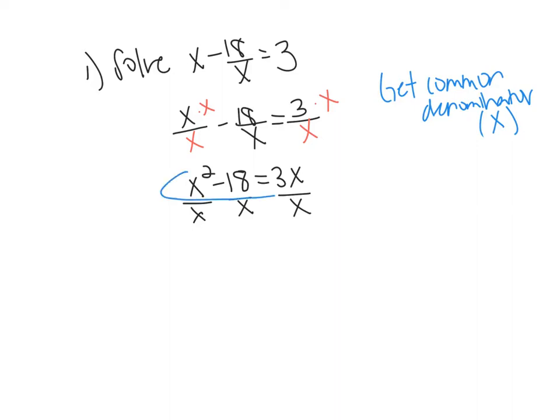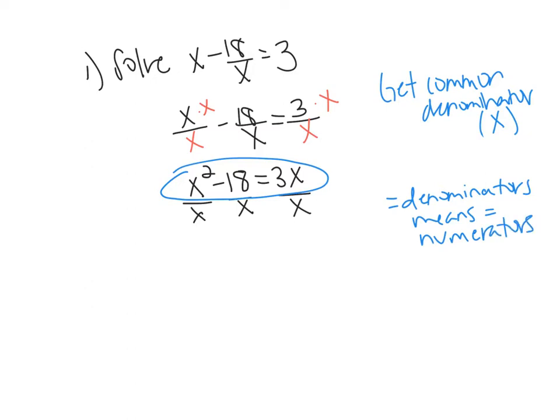So equal denominators means equal numerators. Or you can also think about it this way: if I want to eliminate the denominator, I can multiply everything by x. The x's cancel, and either way, we're left with our numerator, x squared minus 18 equals 3x.